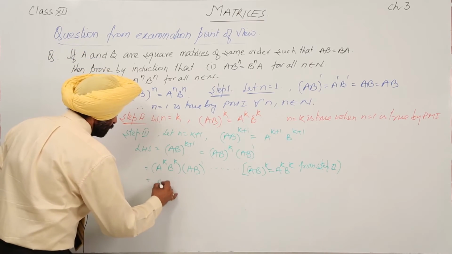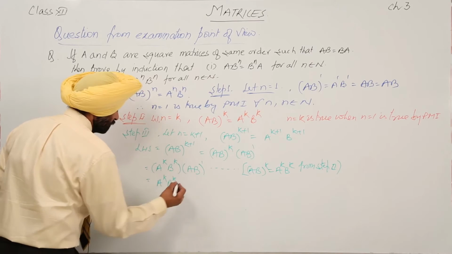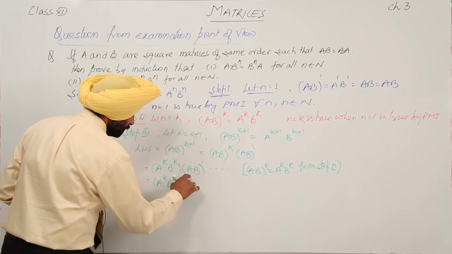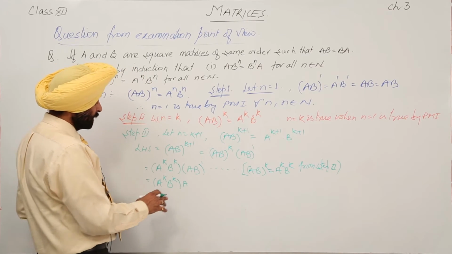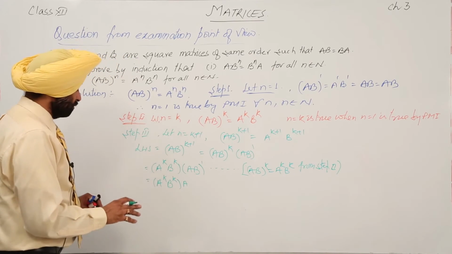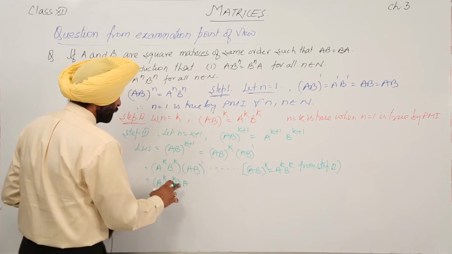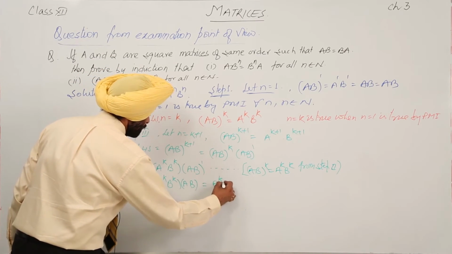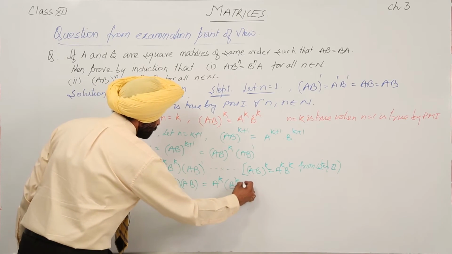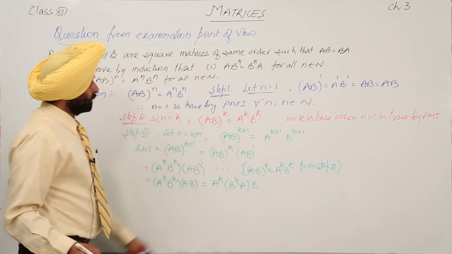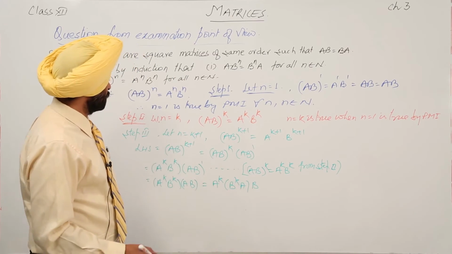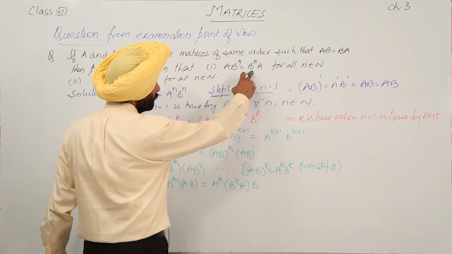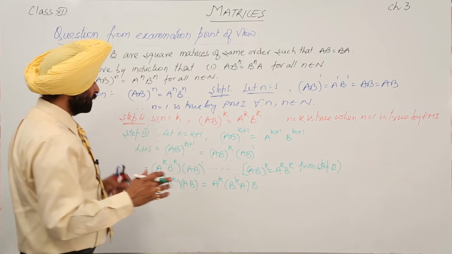Now A^k B^k with AB, what is AB now? AB as it is, this can be written as A^k, then B^k A with B. Now B^k A, this was from the first part.